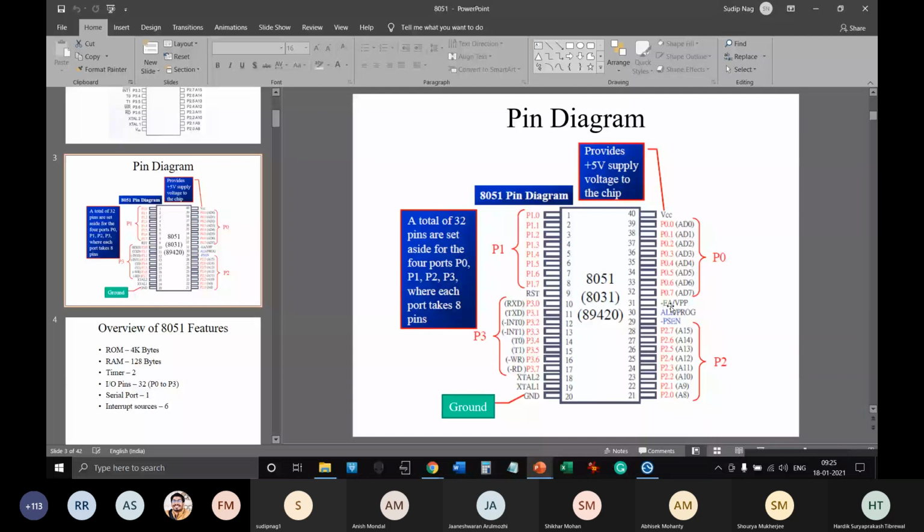EA bar comes from external signals. So EA bar is an input to the microcontroller and PSEN is an output. If you configure EA bar externally, suppose you forget to configure it, or your program or external device does a wrong configuration of EA bar, then you can actually get overlapped data and program. So that is my concern.